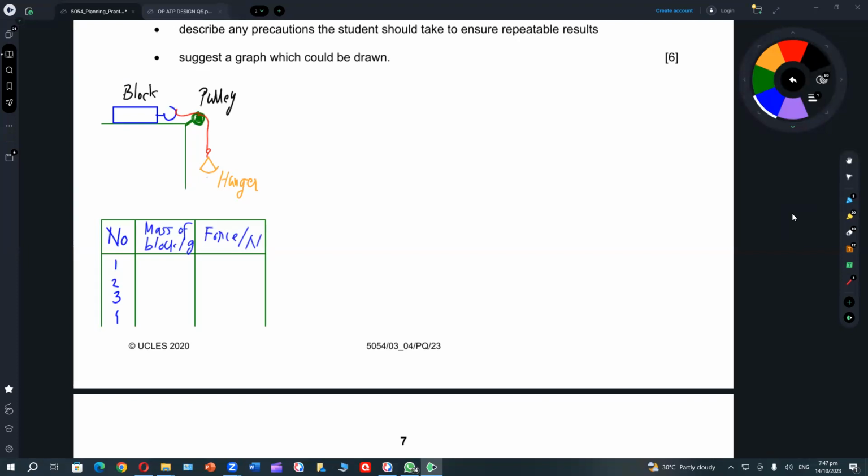How do we get the force from the mass? Remember that mass can be converted into weight by the formula W is equal to mg.